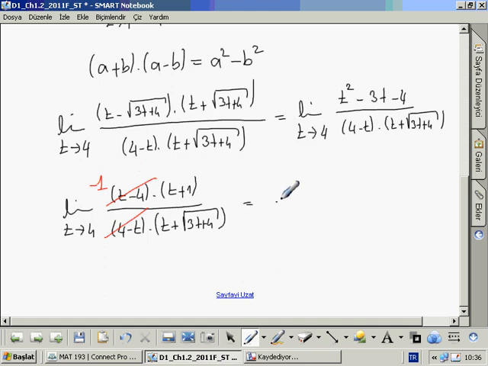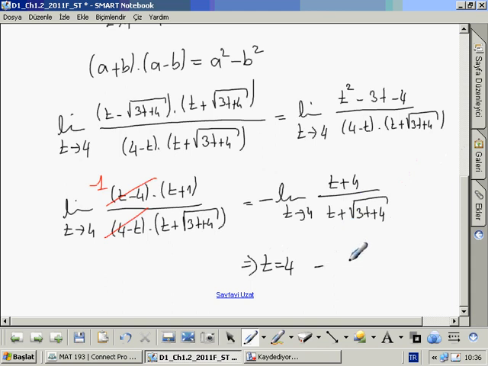So it will be equal to minus the limit as t goes to 4 of (t plus 1) over (t plus the square root of 3t plus 4). When you put in the t equals 4 value, you will obtain minus 8 over (4 plus 4), so it's equal to minus 1, which is the limit.